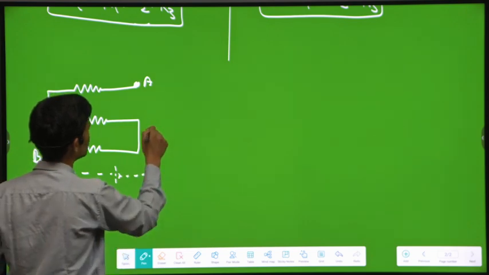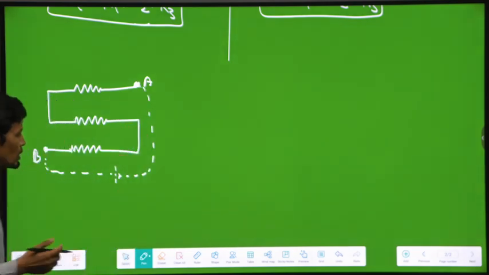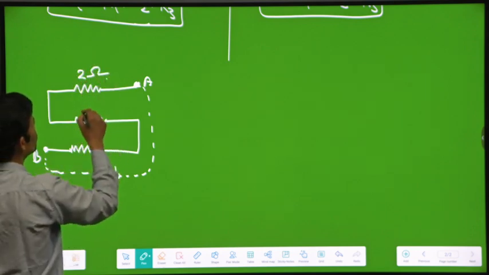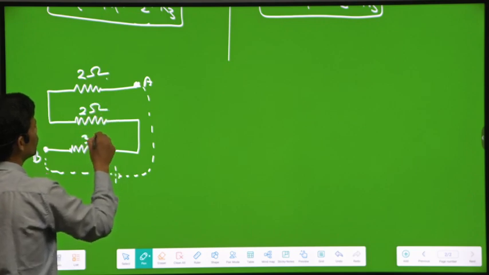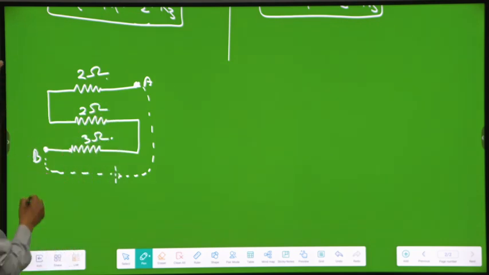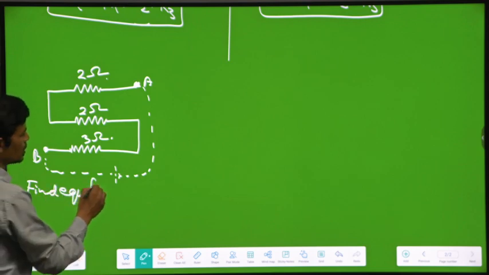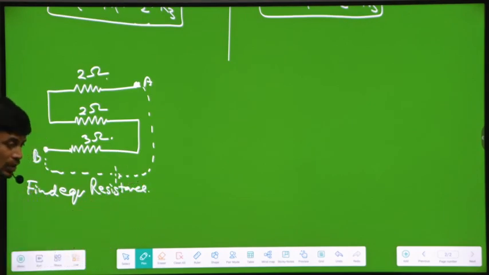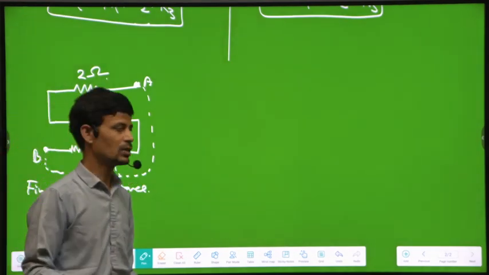Such type of question can also come where there is no complete circuit, but a part of it. So here we have 2 ohm, 2 ohm, 3 ohm. The question is, find equivalent resistance. They can write find total resistance, they can write equivalent resistance.